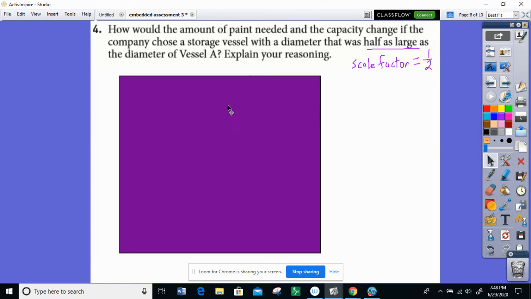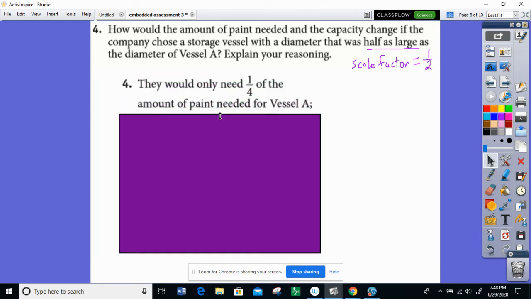Multiply the radius times 1/2. So if we did that, we would need only 1/4 of the amount of paint needed for vessel A. And why is that? Because that's a surface area calculation. If we take our scale factor of 1/2 and we square it, we would get a surface area that's 1/4 of the original surface area.